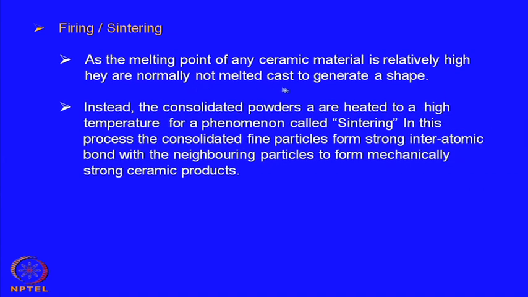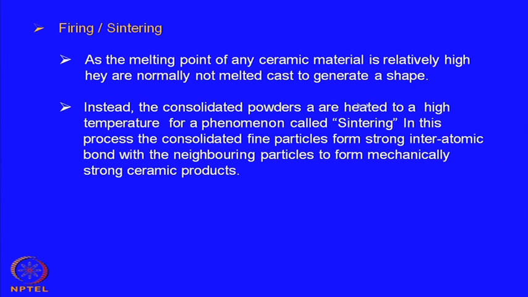Now, instead of melting and casting, the consolidated powders are heated to a high temperature for a phenomenon called sintering. In this process, the consolidated fine particles form strong interatomic bonds with the neighboring particles to form mechanically strong ceramic products.